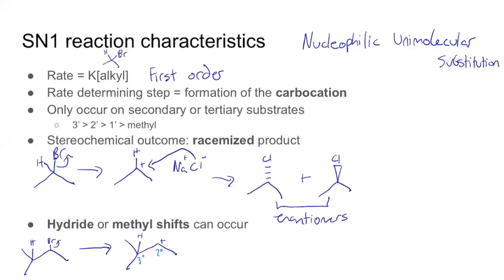So as we look at this, we can see that it's more stable to have our hydrogen over here move over to the carbocation, because if we do that, we're able to create a tertiary carbocation, which is more stable. And if we use the same nucleophile as before, let's say we have NaCl, that's going to go ahead and attack the new tertiary carbocation, and this will be our product.